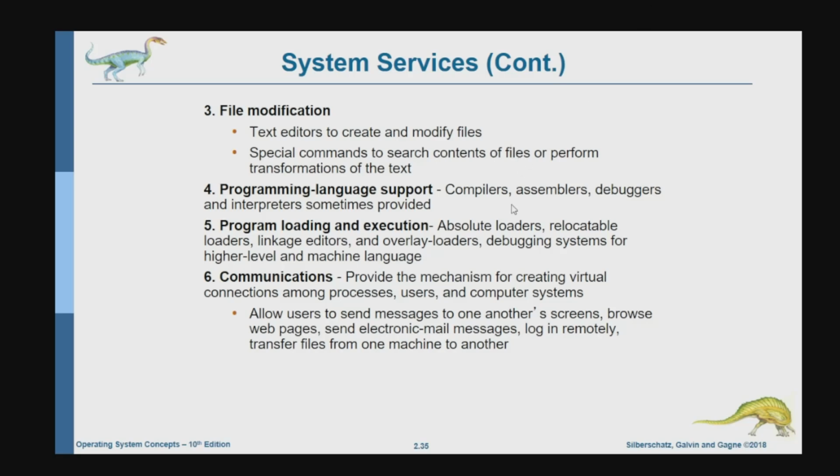These are the things that are supported based on the OS. The next one is program loading and execution: loader, relocatable loader, linkage editors, and overlay debugging systems for high-level and machine language. This one is for the programming part.